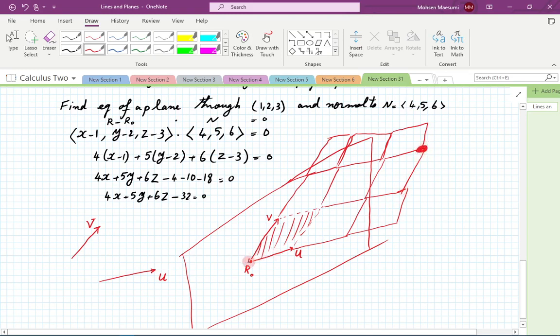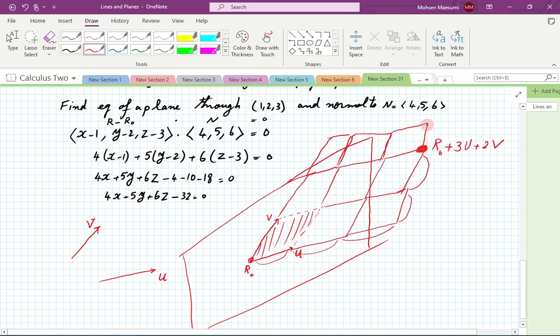I say, well, start at r0, then take 3 steps in the direction of u, and then take 2 steps in the direction of v. I arrive at this location. How about here?